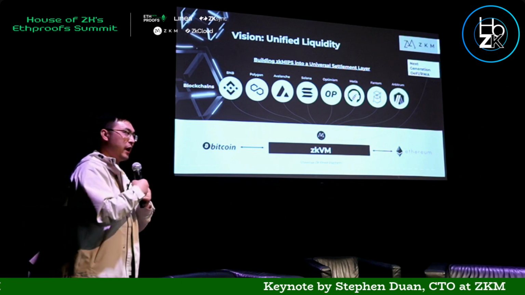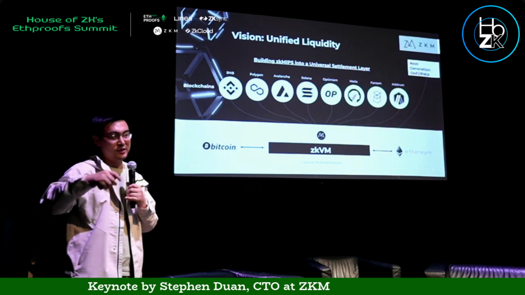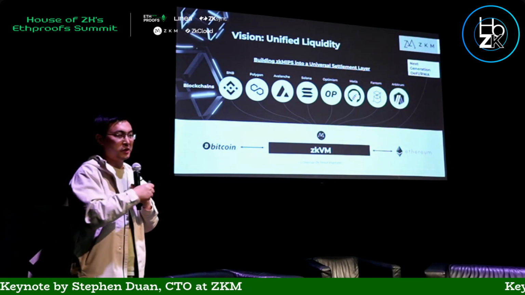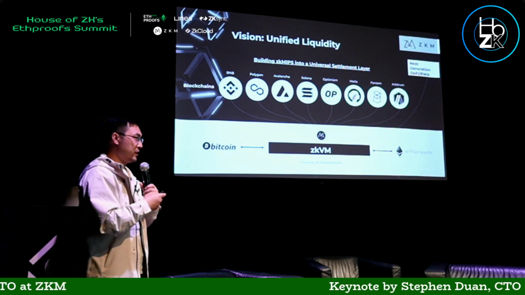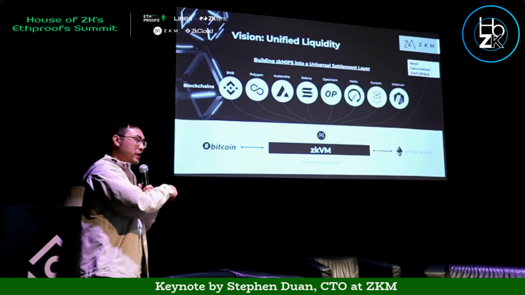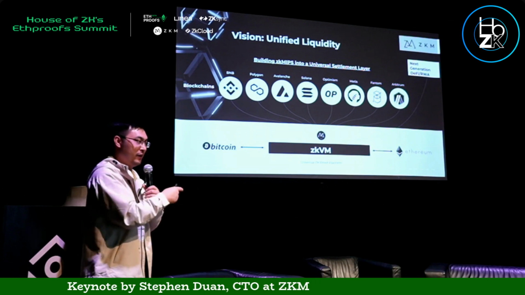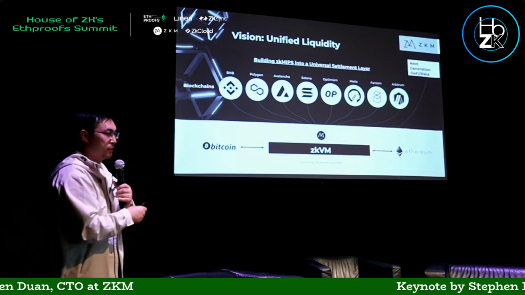That means if we have a proof here, we can verify it on any chain, because it is generated by the same prover, and we can use it as a certificate that the transaction has been done on the source blockchain.